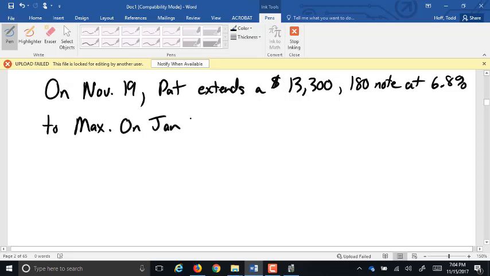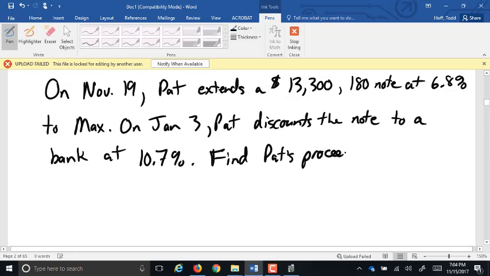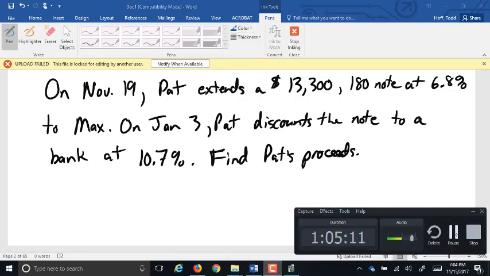On January 3rd, Pat discounts the note to a bank at 10.7%. Find Pat's proceeds. I will give you guys a few minutes to do this one.